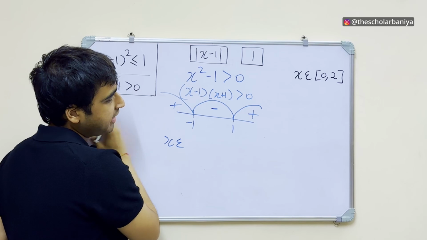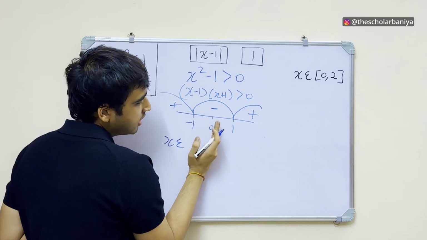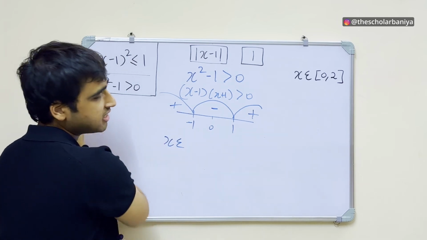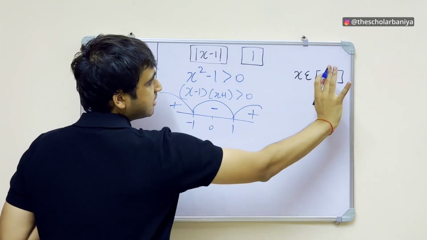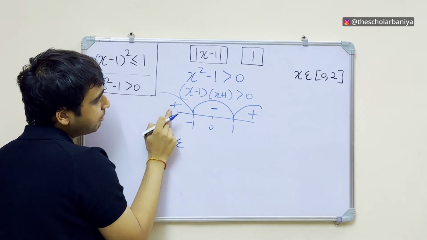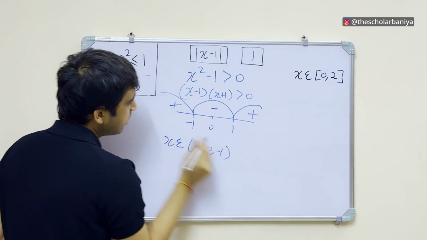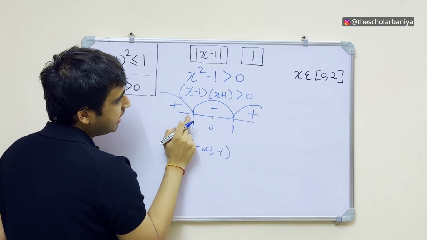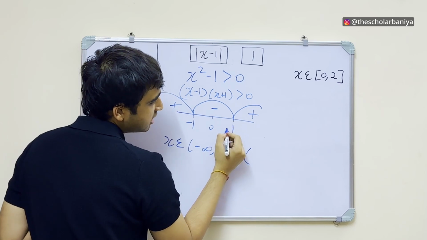This is plus infinity and this is minus infinity. So the value of x for the positive part is between minus infinity to minus 1, union plus 1 to infinity, right?